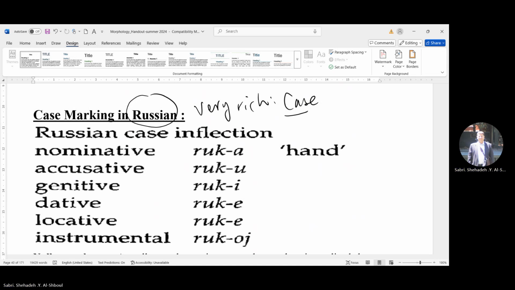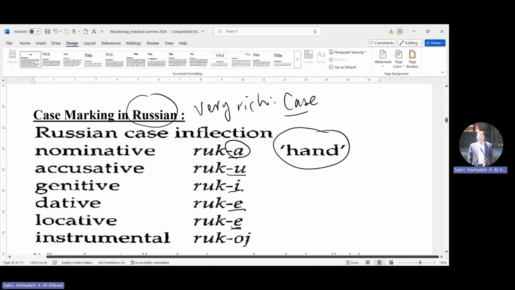Here we have for the word hand, when it is in the nominative case, it is ruk-a with a suffix a, accusative ruk-u, genitive ruk-e, dative ruk-e, locative ruk-e, instrumental ruk-oj, right?